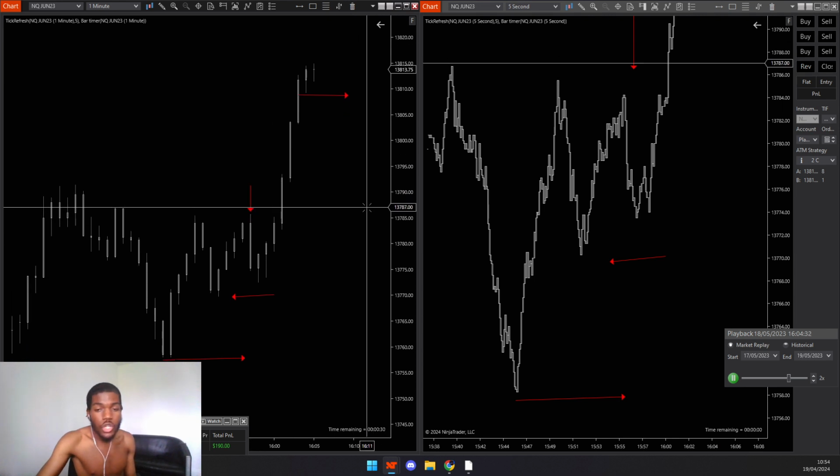You gotta understand that structure is number one. Zones, I think I talked about this in my previous backtesting video as well, but zones have less influence on your decision making than structure does. Structure is number one. Narrative is second to that.